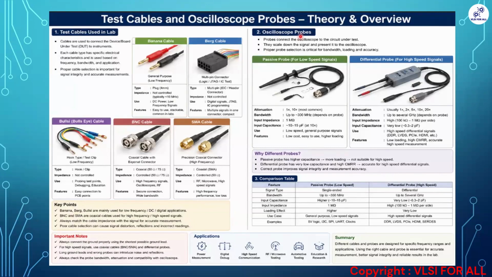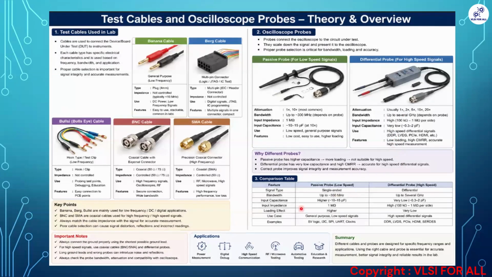One is the passive probe, which is used for low speed signals like I2C validation, SPI validation. For high speed, we'll use the differential probe. Differential probes will be having differential signal type, and its bandwidth is in gigahertz.